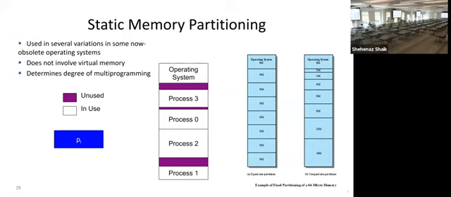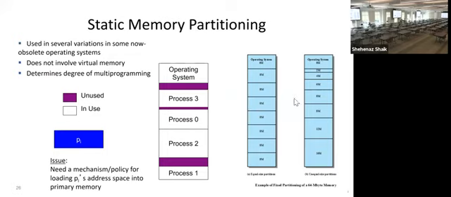And that needs to be done during the system setup time. So all these are different aspects to consider with the static memory partitioning approach. Do we have any questions here?